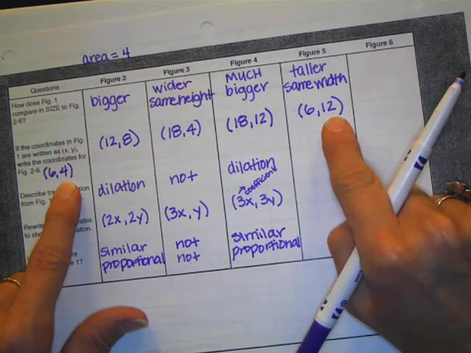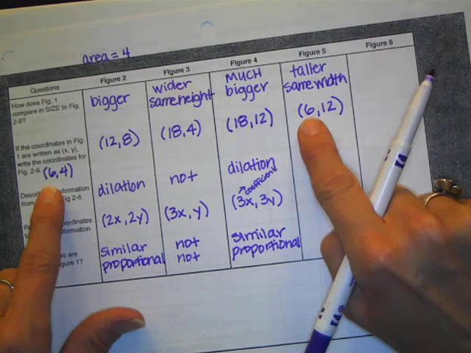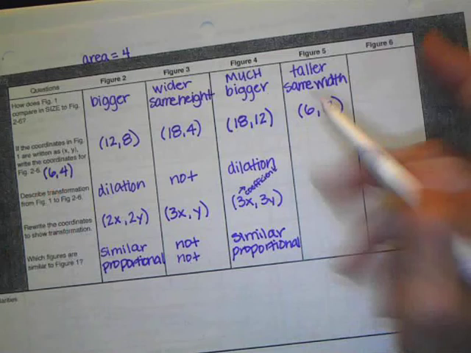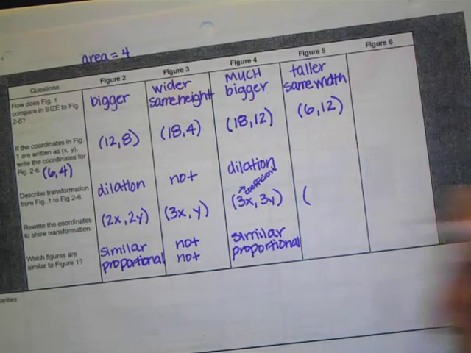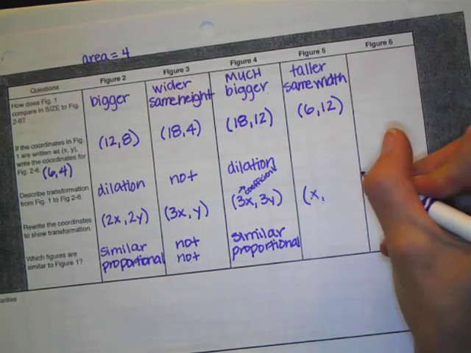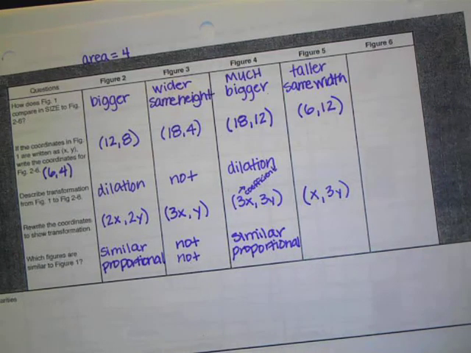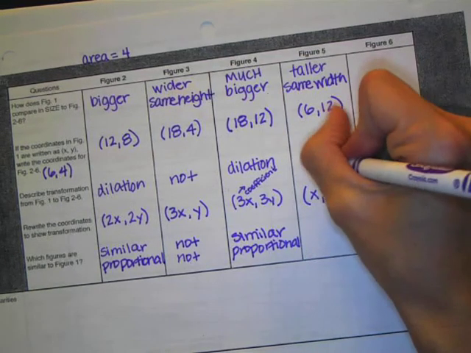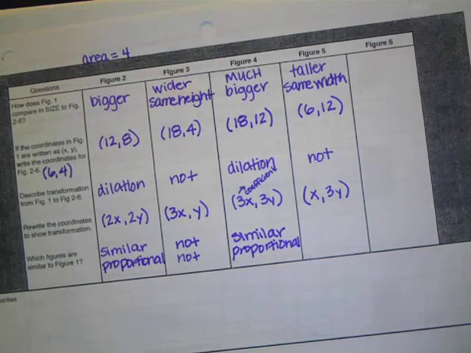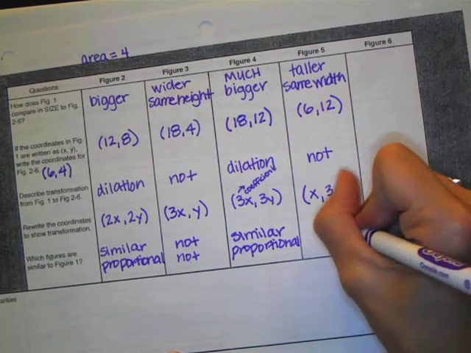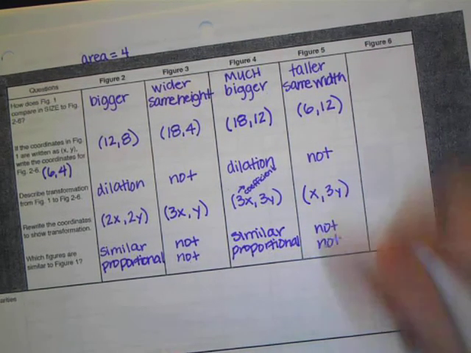Now it's stayed the same width. Is that true? Yes, it is. So it'd be x and then 3y. So are we talking about a dilation here? No. Oh, darn. No, we're not. Are we talking similar figures? No. And they are not proportional.